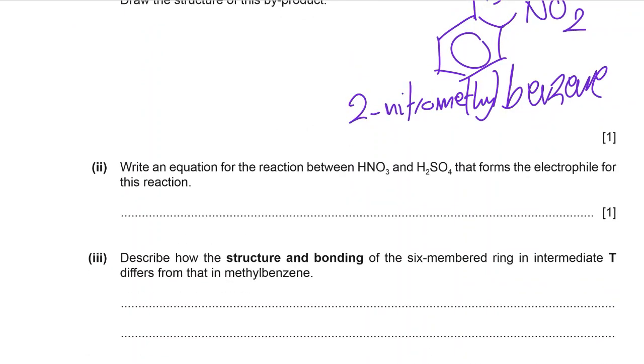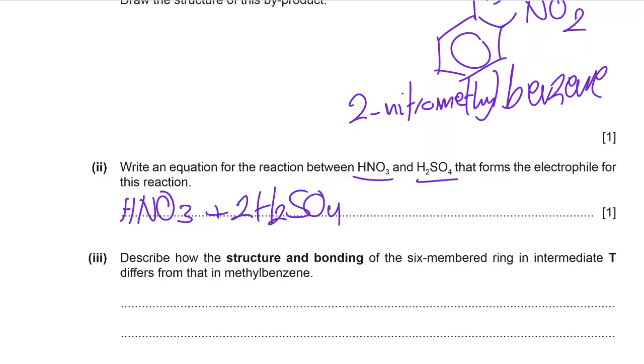Write an equation for the reaction between HNO3 and H2SO4. So here we are going to form the electrophile. So HNO3 plus 2 mole of H2SO4. Both of them should be concentrated. And in the practical part, you need to drop the nitric acid over the sulfuric acid slowly, and the temperature should be very low.